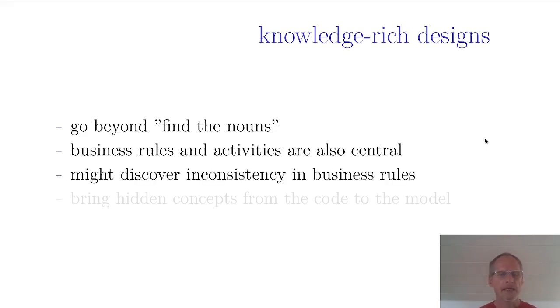That already goes well beyond the simple approach of finding nouns. We may discover inconsistencies in the business rules. That is to be expected. The reason for that is that business rules are normally formulated for humans, and humans are pretty good at dealing with inconsistencies.